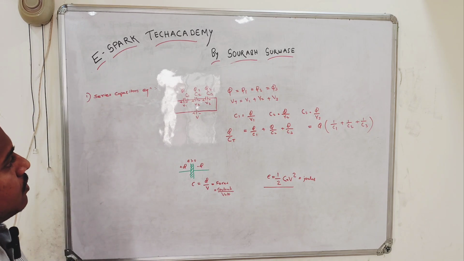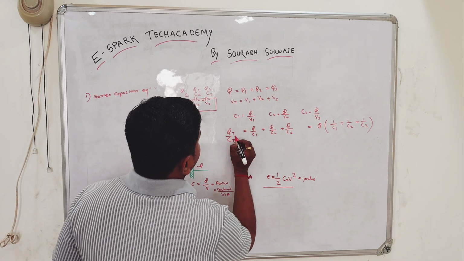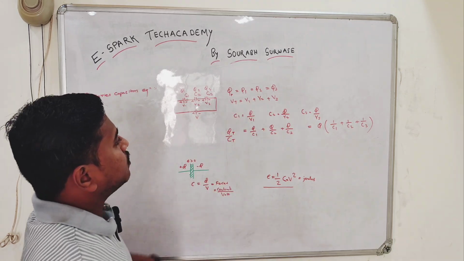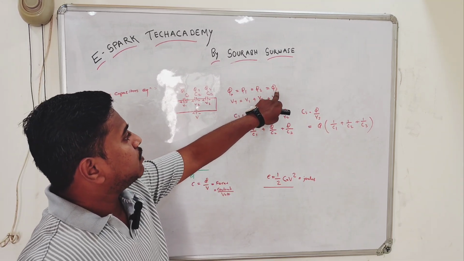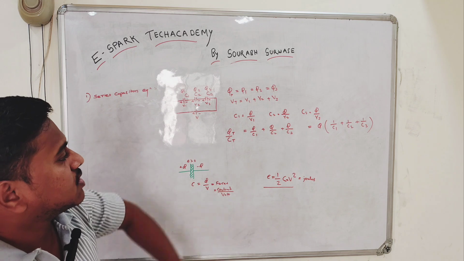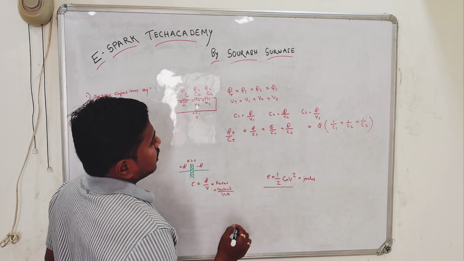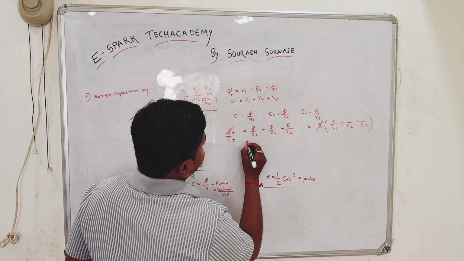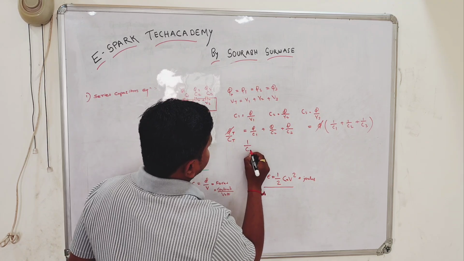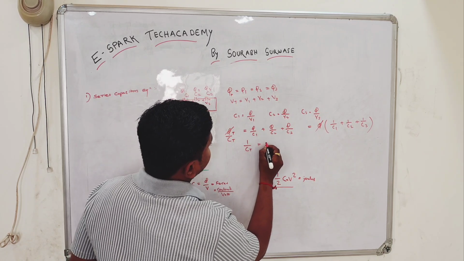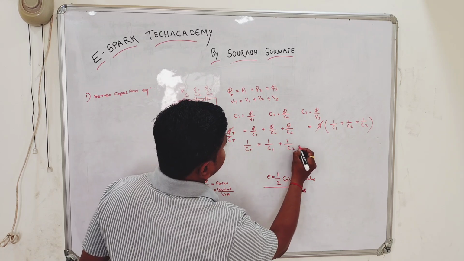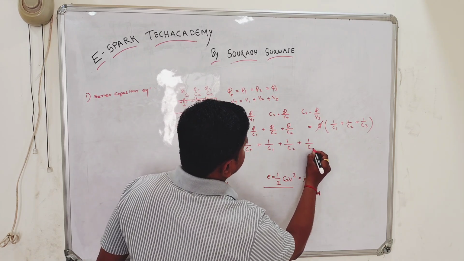As you know, this Qt will be Qt equal to Q1 equal to Q2 and Q3, meaning all the charges are common. Hence you can cancel both and you will get the answer as 1 upon Ct equal to 1 upon C1 plus 1 upon C2 plus 1 upon C3.